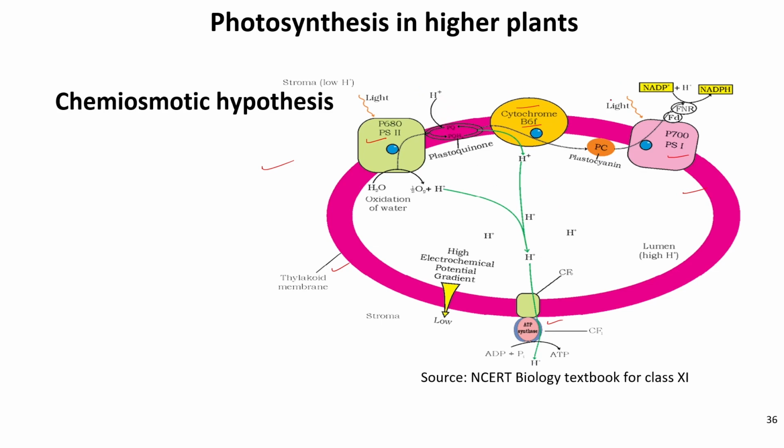This is the stroma, and the protons from the stroma move into the lumen of the thylakoids. Here you can see hydrogen ions accumulating. As there is a flow of electrons, the hydrogen ions accumulate in the lumen of the thylakoids.